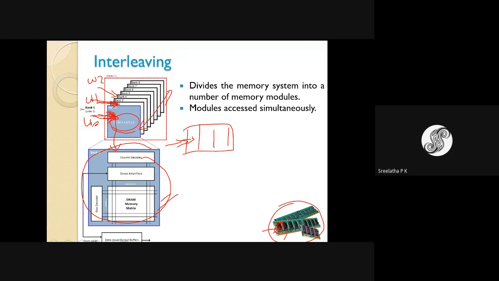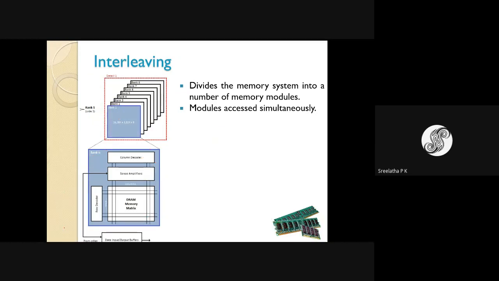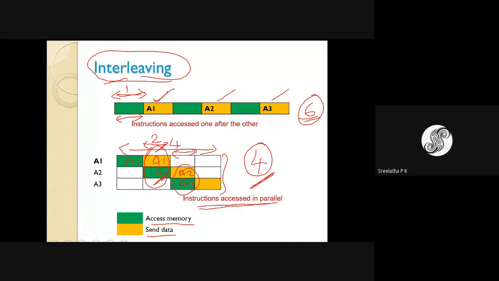So like this, the memory is divided into modules. Each module stores a particular word, and the next module stores the next word of the same block. If this type of arrangement is there, the data can be accessed parallelly.